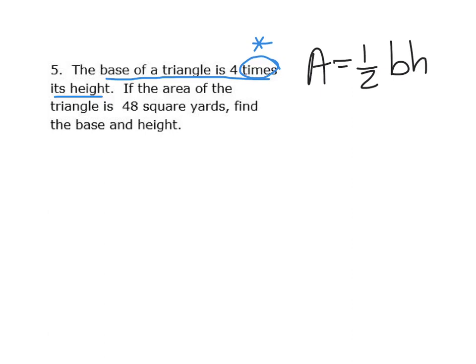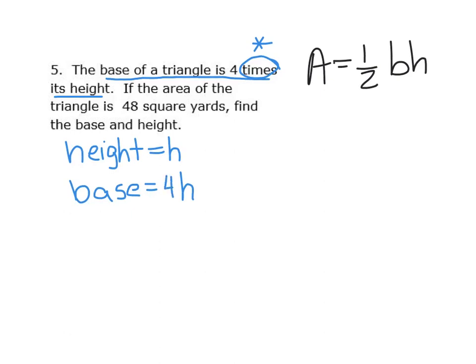It says the base is 4 times the height, which means we need to know the height to determine the base. And since we don't know the height, I'm going to go ahead and let the h variable represent the height. But the base I can rewrite in terms of h. It says it's 4 times the height. So whatever the height is, go and multiply by 4, it's going to give us the base.